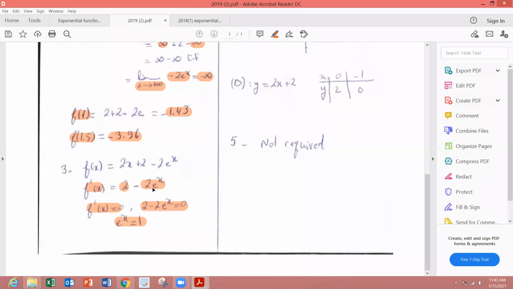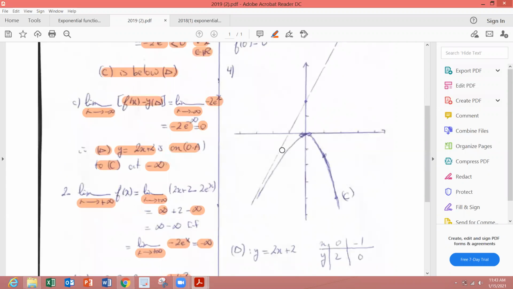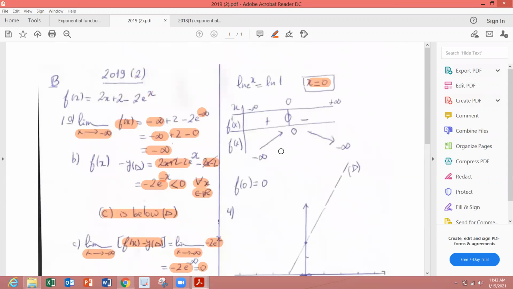Did you write it? Yes. Okay. Now the table of variations. How to construct the table of variations? We put x, the domain is minus infinity to plus infinity.